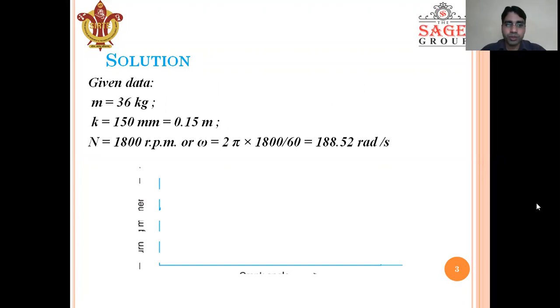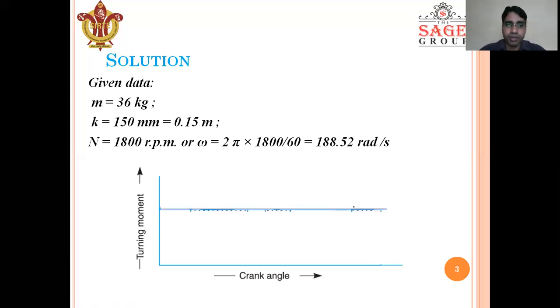Now we have to draw the turning moment diagram because the areas above and below the mean turning moment line are given. Here the vertical ordinate represents the turning moment and the horizontal ordinate represents the crank angle. Draw the mean resisting torque line, and show all areas above and below it.